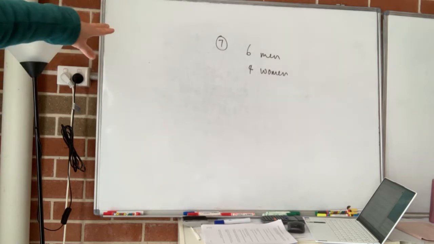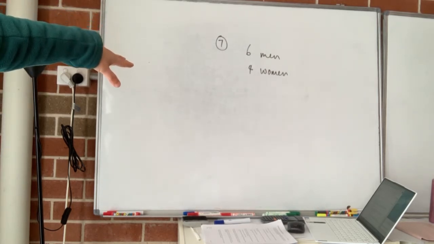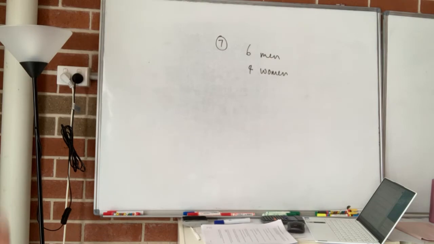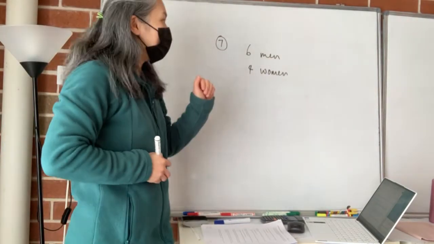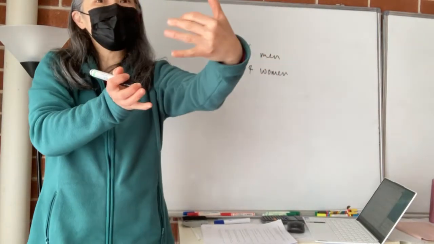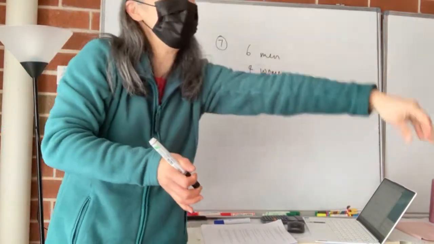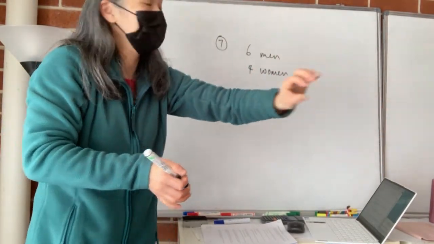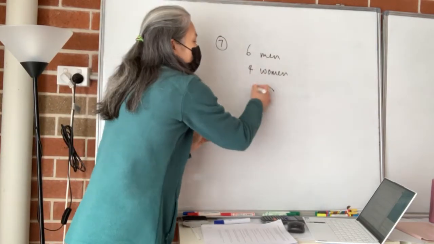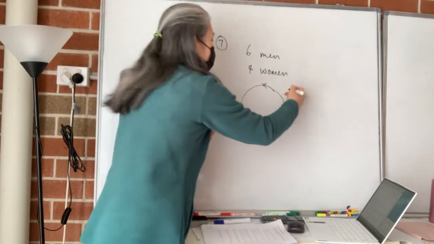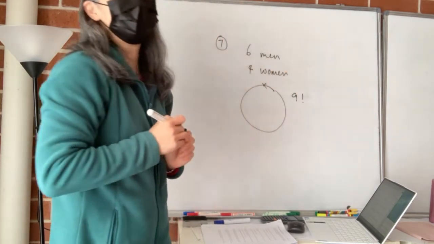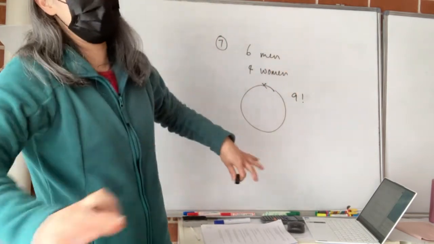What is the number of ways without restrictions when they are sitting on a circle? Remember, in a circle they can rotate. That's why you need to put one person in first. If you fit in one person, you are going to have 9 people left, so it's 9 factorial. That is without restrictions.